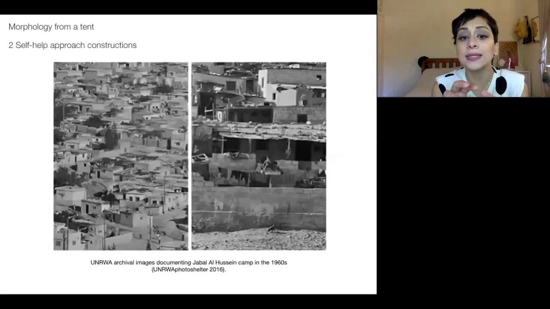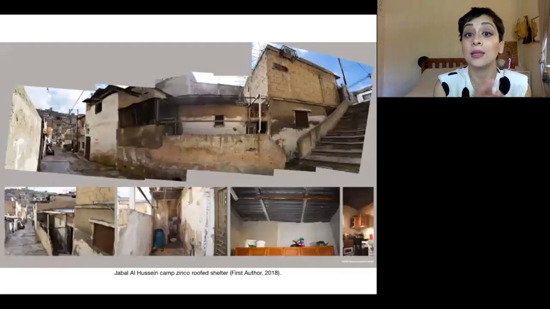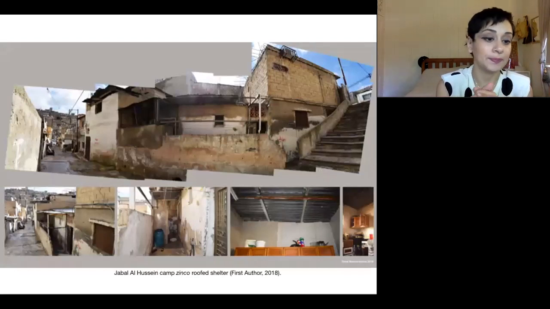So you can start seeing how the mess started to happen, the visual mess started to happen in the 1960s. And today, in the oldest Palestinian camp I visited, shelters look like this.